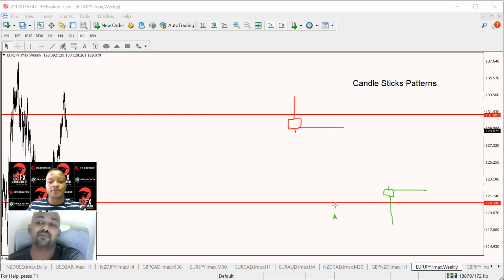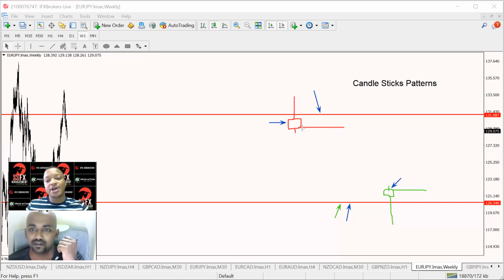We are buying because of price rejection from support, because of this support and the candlestick. Here we are selling because of this bearish pin bar and the resistance, two reasons.